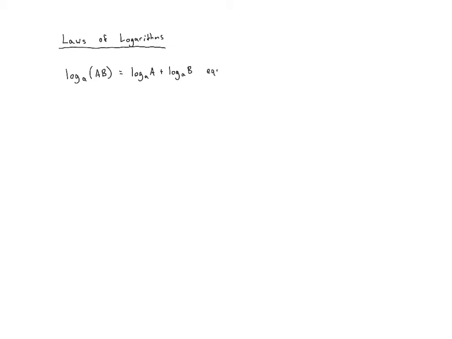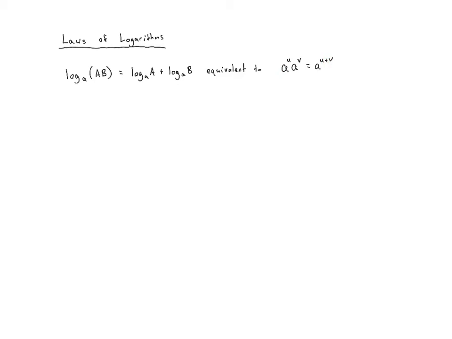And this is equivalent to the corresponding rule of exponents, a to the u times a to the v equals a to the u plus v. Another situation where we have a product that ends up being expressed as a sum.